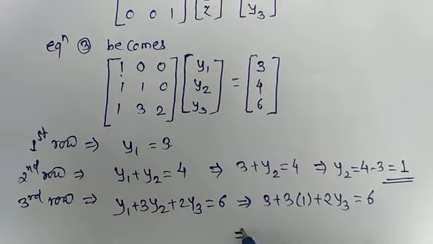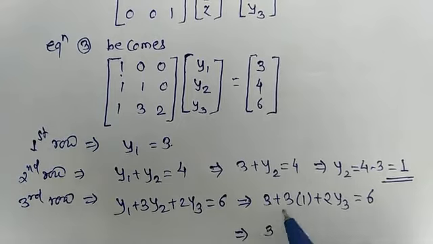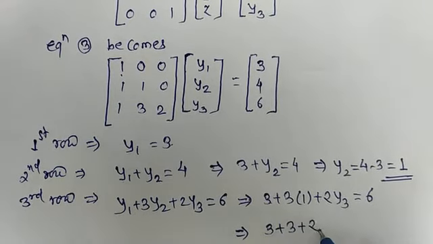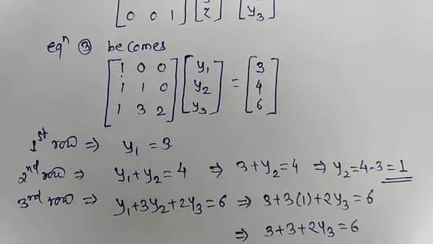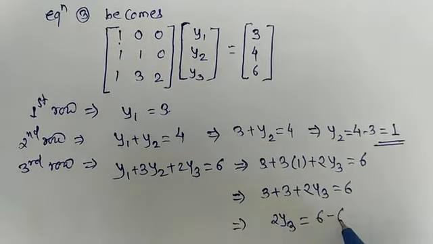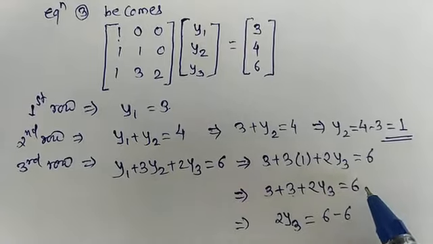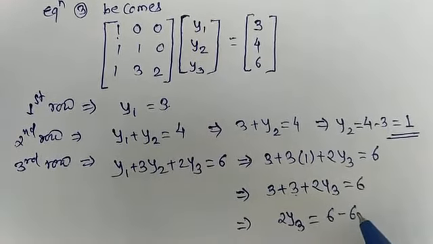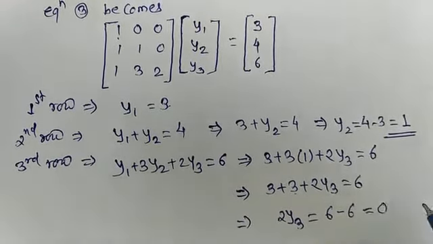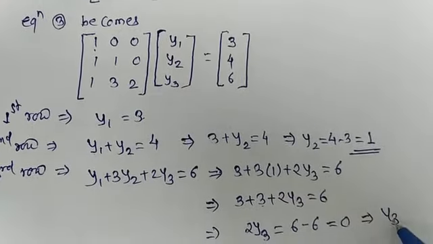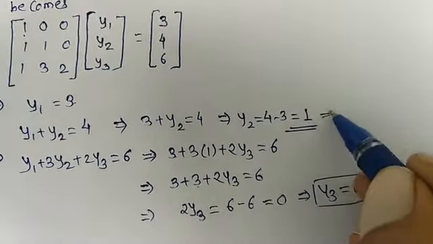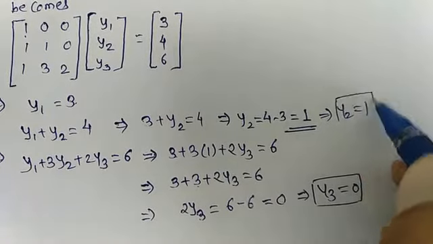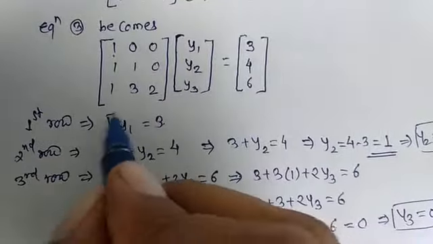So 3 plus 3 plus 2y3 is equal to 6, which implies that 2y3 is equal to 6 minus 6, which is 0, so y3 is equal to 0. So we get y3 is equal to 0, y2 is equal to 1, and y1 is equal to 3.